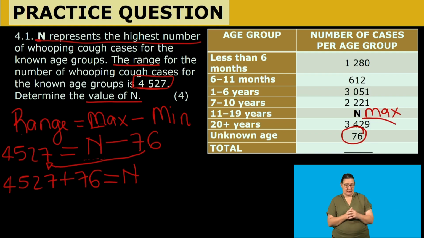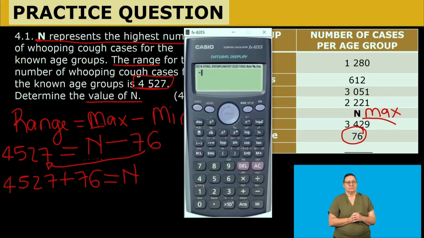You are going to need your calculator. Let us press on our calculators there. 4,527 plus 76. And then I am getting 4,603.